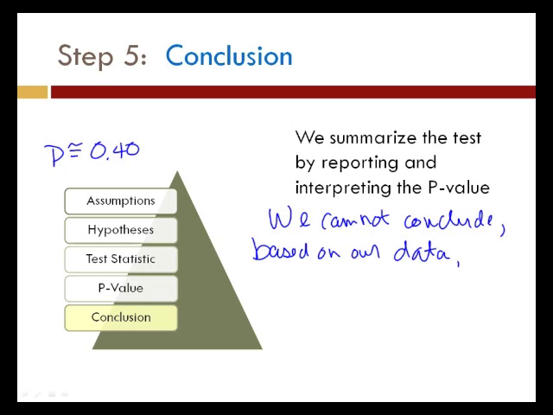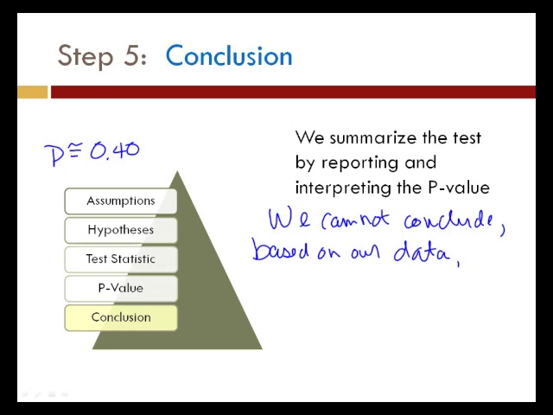and I always like to phrase it in terms of the alternative hypothesis, because that's what we were trying to prove in the first place. And I like to put it back into the context of the problem, into something that a layman who hasn't had any statistics can understand.